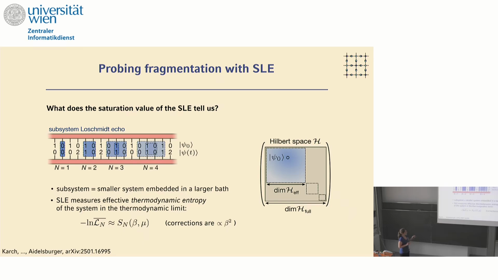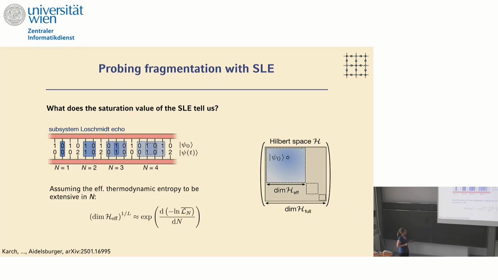So this is an upper bound, but if the temperature is very high, then this is a very good approximation. We can use the bit string probability that we extract in order to learn something about the entropy of the system, which is connected to the dimension of the Hilbert space. So by looking at the scaling of this thermodynamic entropy with n and extracting the slope, we can learn something about the local Hilbert space.